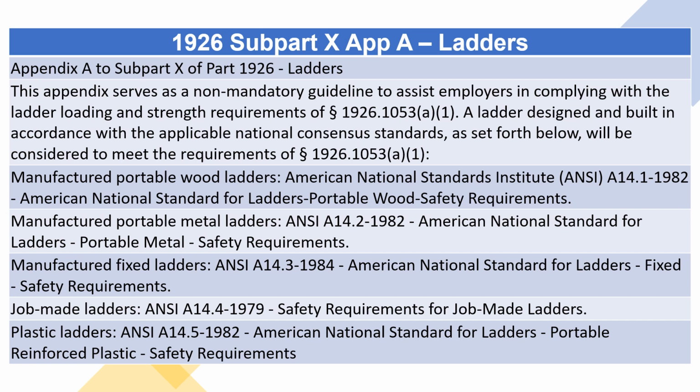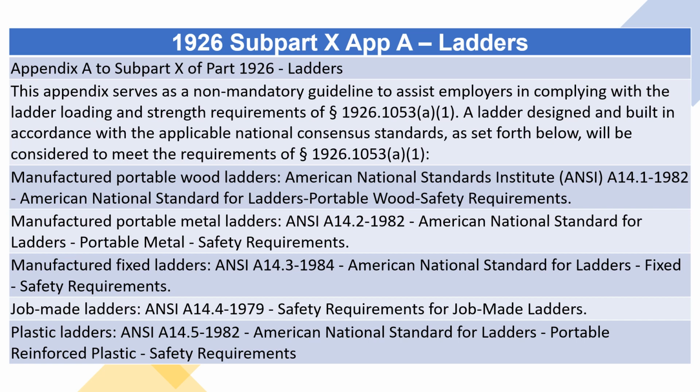Manufactured portable wood ladders, American National Standards Institute, ANSI A14.1-1982, American National Standard for ladders, portable wood, safety requirements. Manufactured portable metal ladders, ANSI A14.2-1982, American National Standard for ladders, portable metal, safety requirements.